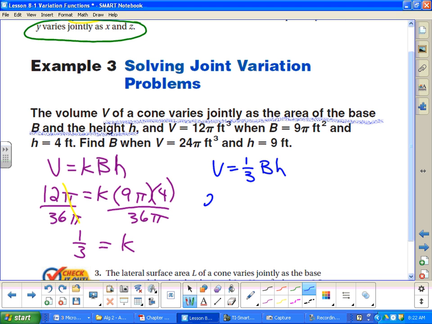So if V is 24 pi, k is 1/3, and the height is 9, they want us to find the base. What's 1/3 times 9? 3. So I'll simplify that side. 24 pi equals 3b. And if we divide by 3, then b equals 8 pi.